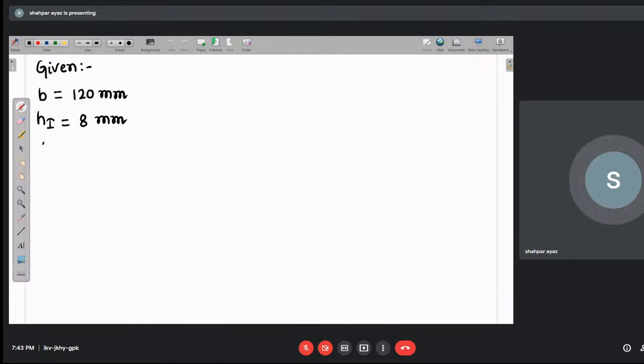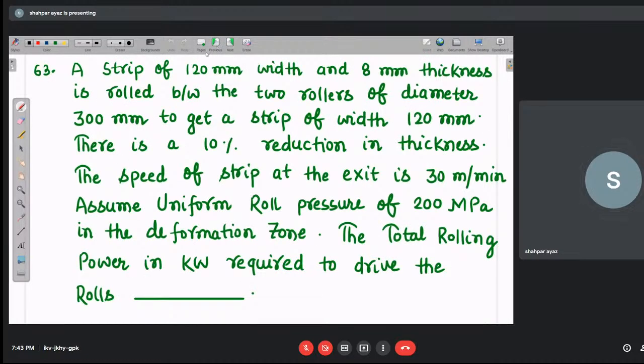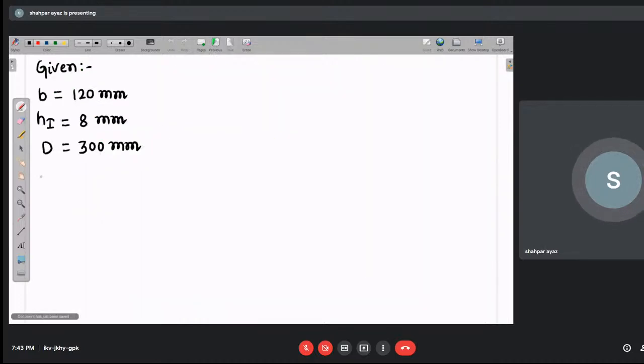Diameter is 300. 10% reduction in thickness means H final is 0.9 times 8, which is 7.2. Fine.